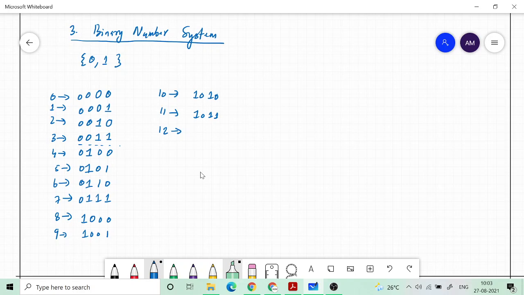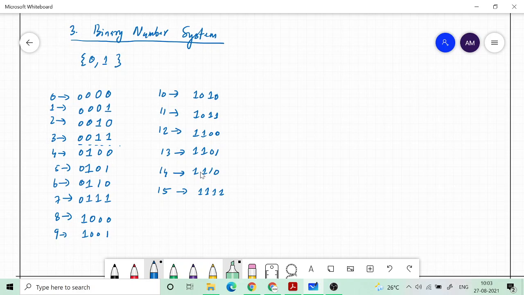If you know immediately the binary code of decimal number 12, you should be able to write it like this. Then 13 is 1 1 0 1, 14 is 1 1 1 0, and 15, where everything is 1, is the highest you can go. So we have exhausted all the possibilities with just 4 digits.